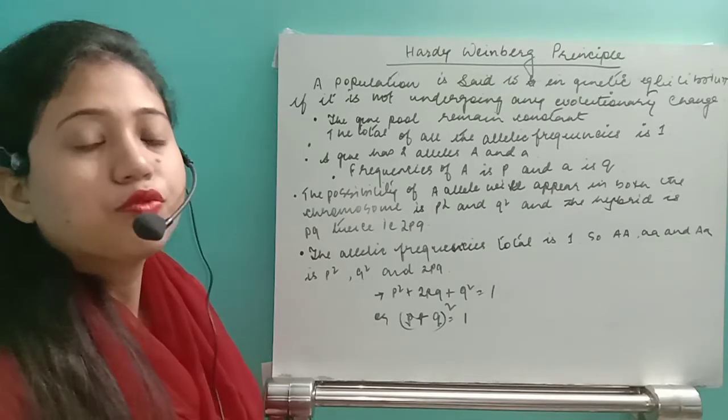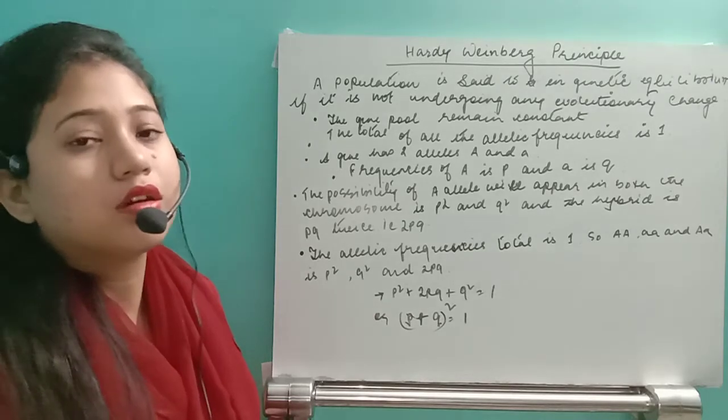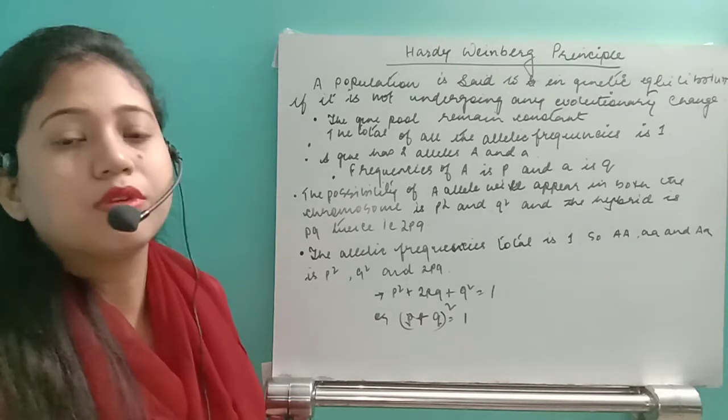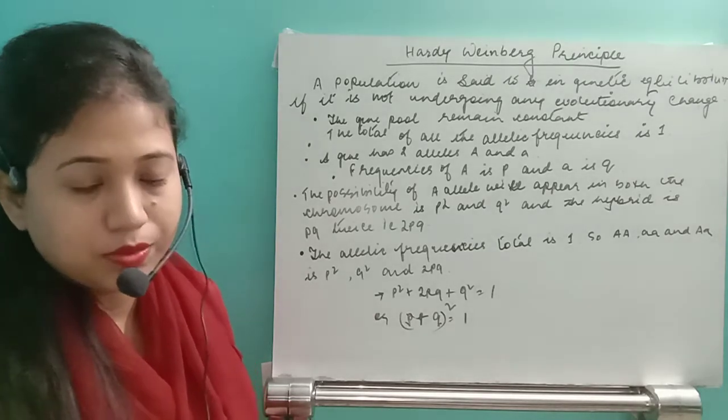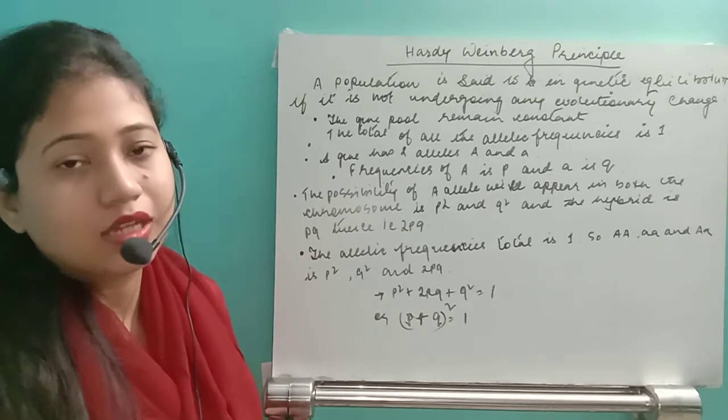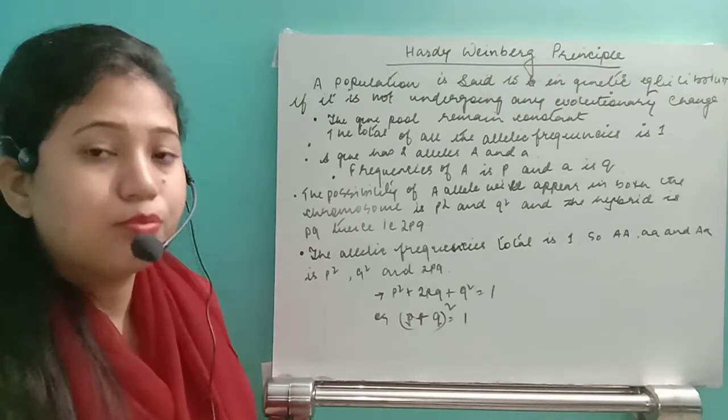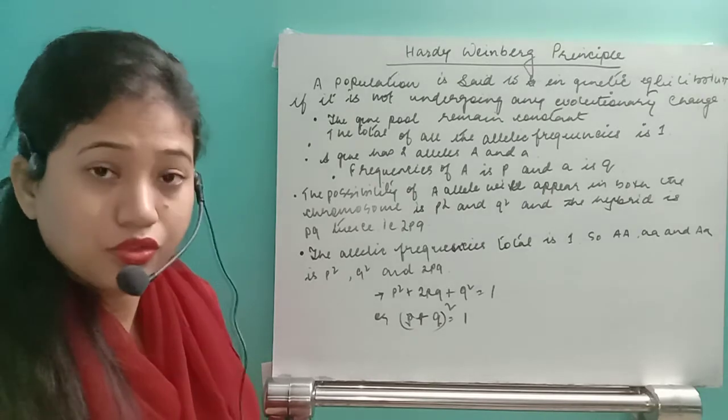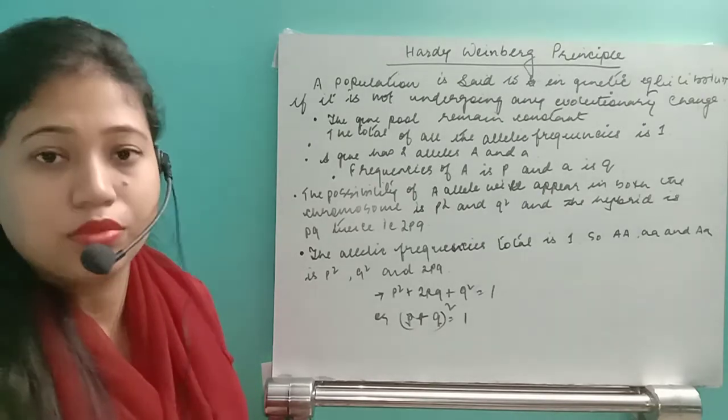After that, let's move to the next part, one principle called the Hardy-Weinberg principle. G.H. Hardy and W. Weinberg proposed a theory that is also called the theory of genetic equilibrium.